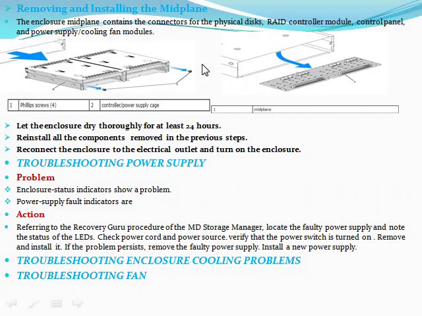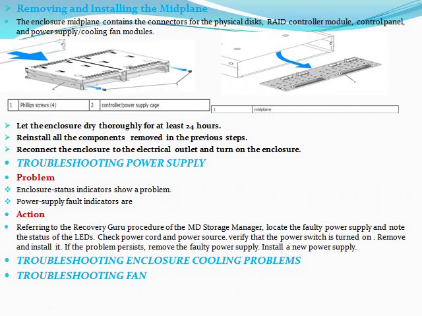Then remove the RAID controller module from the enclosure. Then we have to remove the 4 flat screws holding the controller; I have indicated they are all there. After that, slide the controller and power supply cage out of the enclosure and place it aside.